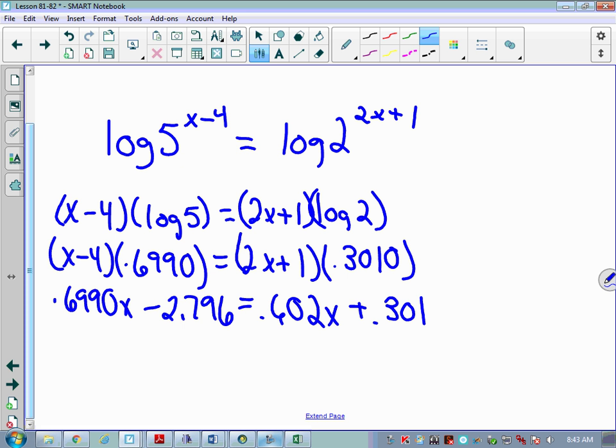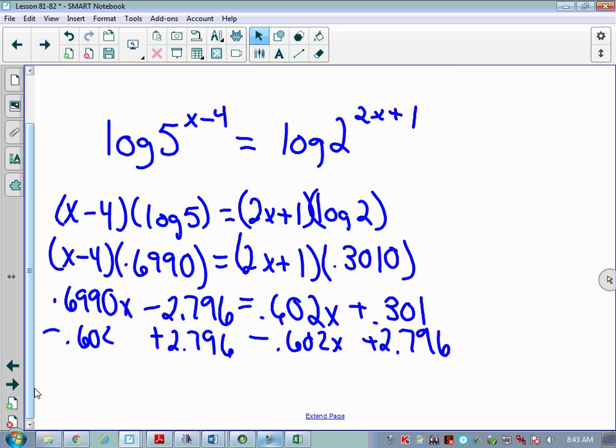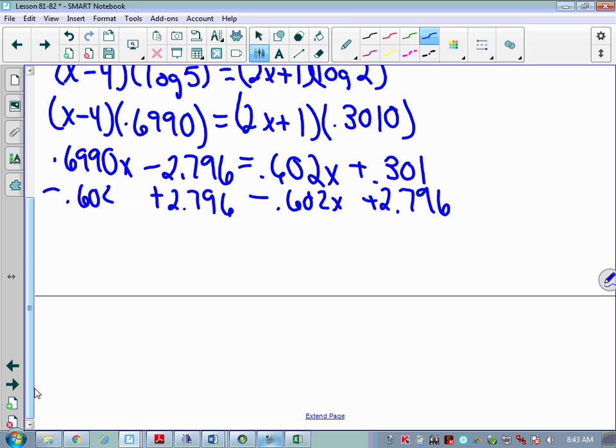At this point, we're just solving for x like we normally would. 0.602 is smaller than 0.6990, so I'm going to subtract it across. And we're going to add 2.796 to both sides.